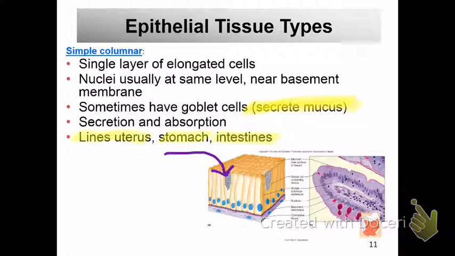So goblet, mucus. Okay, and then you want to know the location: the uterus, the stomach, and the intestines. Anytime the doctors look at a stool sample, it will have a lot of mucus, but it'll also have lots of columnar cells that have come out, and that's normal.